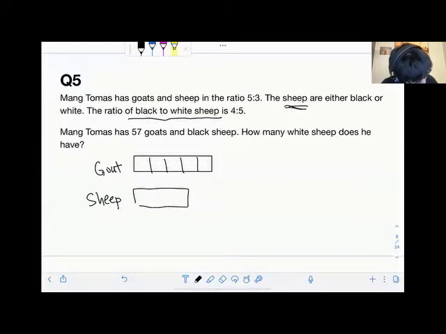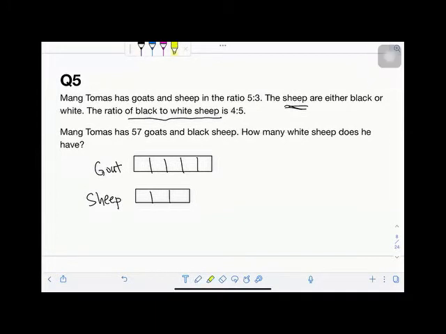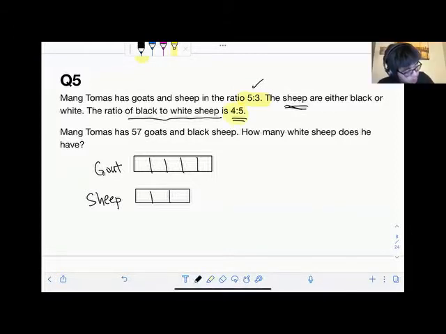Tapos po ang sabi po doon, sa sheep po meron po tayong black and white which is 4 po na box doon sa black sheep tsaka 5 po sa white sheep. So, paano po natin ihahati yung sheep para ganun? Para maging 9 po. Hahatiin po yung 3, yung 3 box.